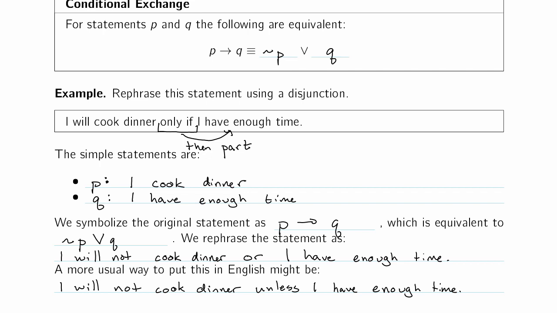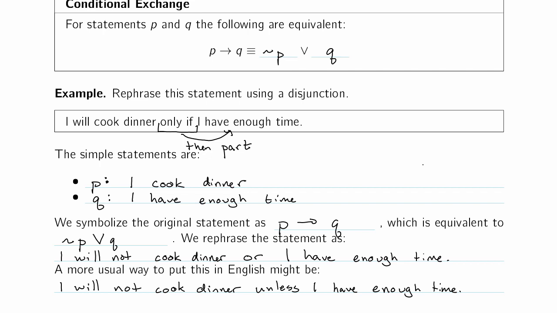Now, by symbolizing this with truth tables, we've already observed that unless means the same thing as or from a logical standpoint. But there's a shade of meaning that's carried by the English that's not part of the logic about which part we expect to be true.